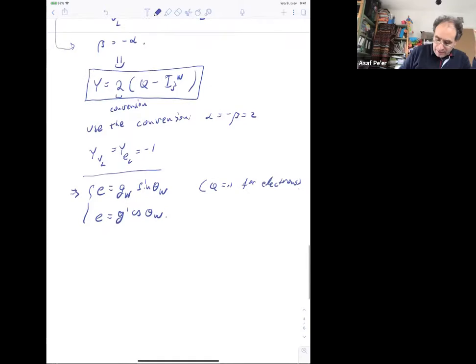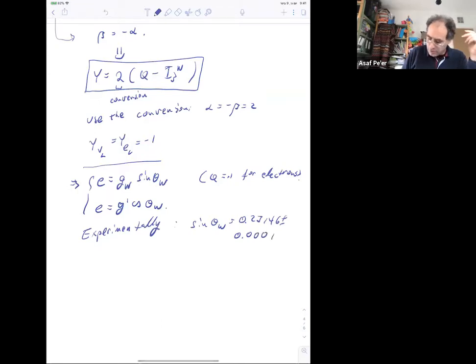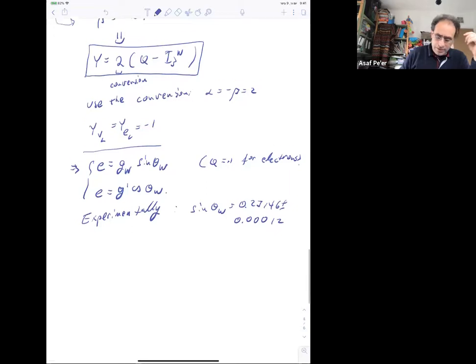Now, the last thing I want to say about that, or last two things, experimentally, a great measurement at week, you're going to see it's not just giving you that, it's giving you much more than that. Sine theta weak is 0.23. The actual number is 0.23146 plus minus 0.00012. And then we can also express the physical gauge bosons in terms of the coupling constants.